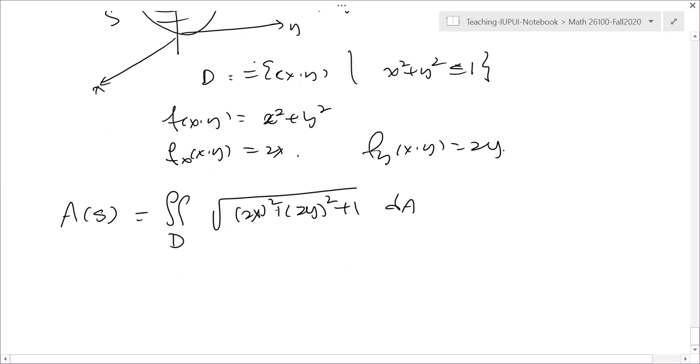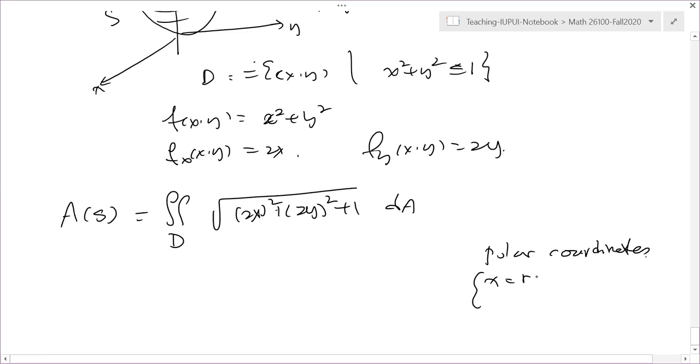Then maybe we are able to find the surface area of a sphere. We learned the surface area of a sphere, but we never proved that. All right, so how can I evaluate this double integral? Well, this is over the disk, so it's very natural to use polar coordinates.